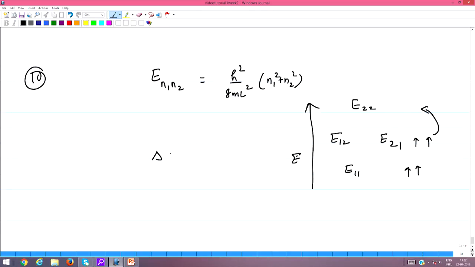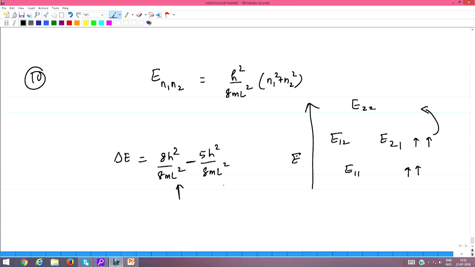So, the delta E that you are calculating is between 1 2 or 2 1, which is 5 h square by 8 m L square. Okay. That is a lower energy, so it is a minus sign, and the higher energy is 2 2, which is 8 h square by 8 m L square.